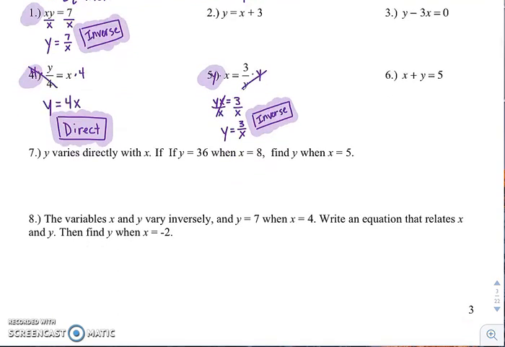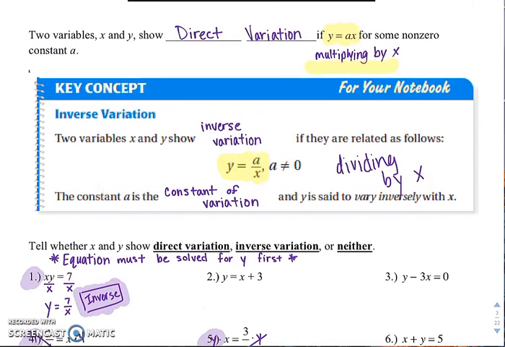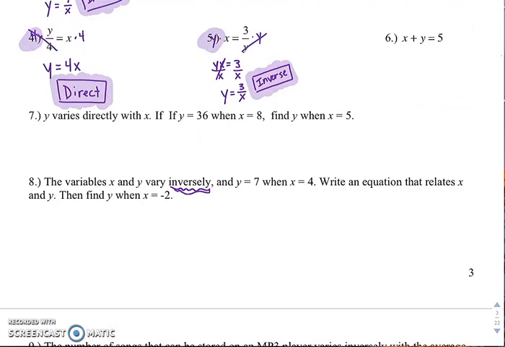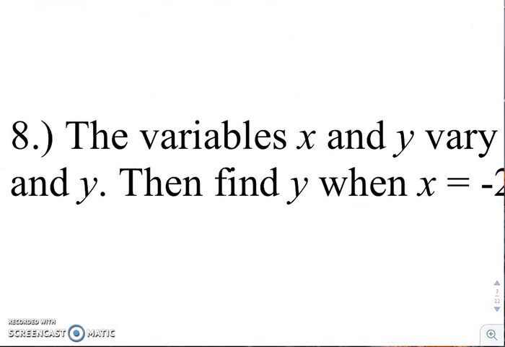So 7 tells us that y varies directly. 8 says the variables x and y vary inversely. So if you look up at your two equations, y equals ax or y equals a over x, inversely is y equals a over x.